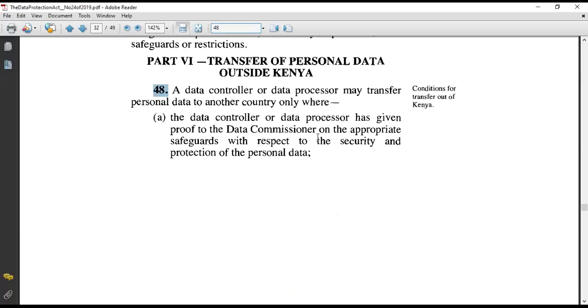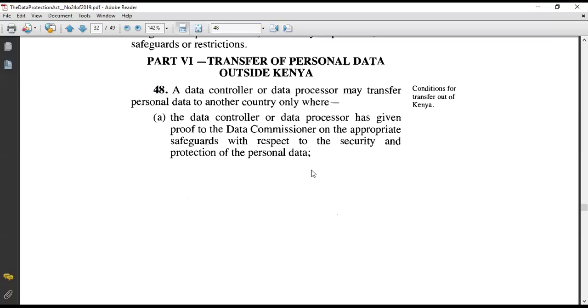So, a data controller or data processor, of course, you must know who the data controller or data processor is. In this question, is this Benki Yetu? Yes. Benki Yetu is the data controller. BEF is the processor.